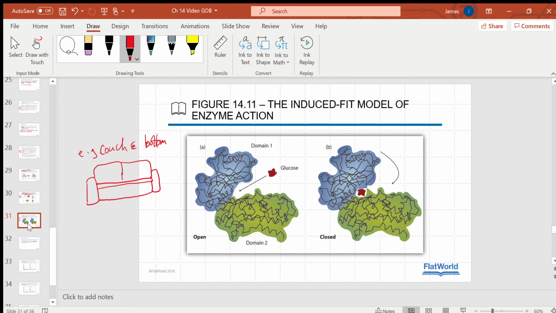And over time, through sitting on it, the couch gets to recognize the shape of your bottom because you sit on it.